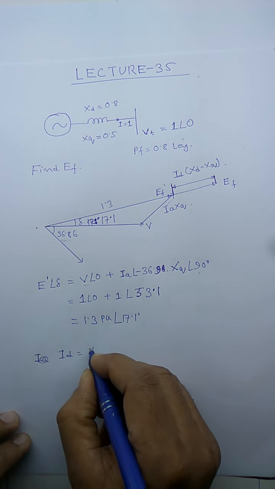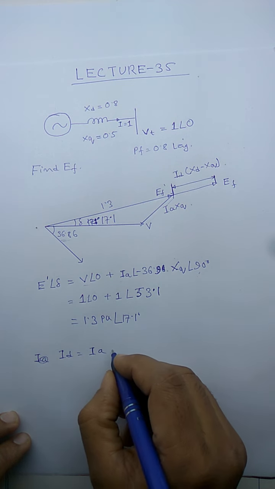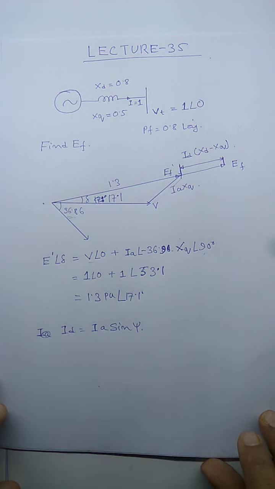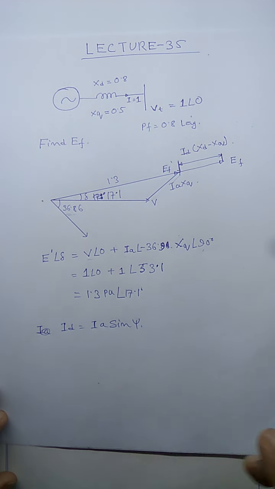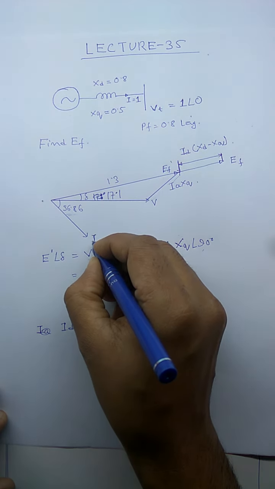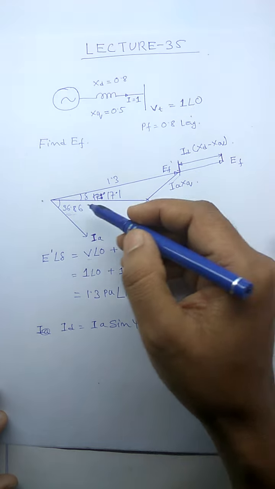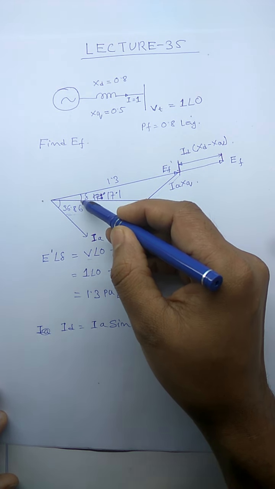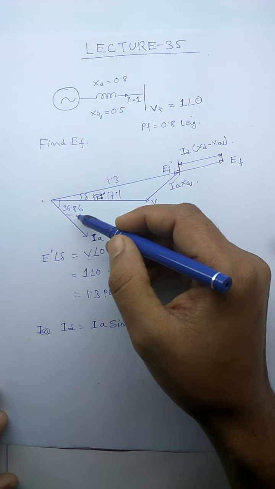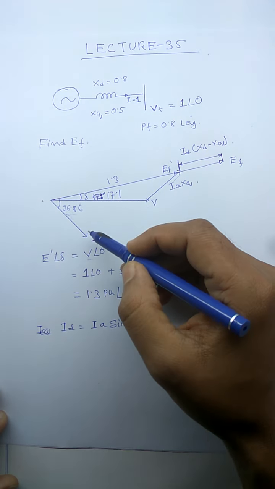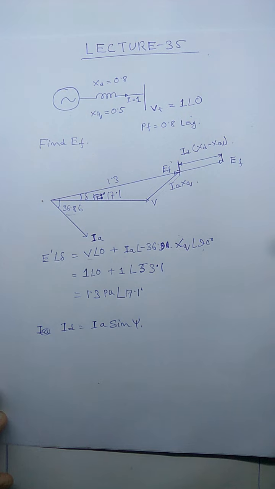ID is equal to IA sin psi. Now what is psi? Psi is the angle between E and I. You have to understand that we measure from E to I. E to I is positive. So if E is leading and I is lagging, the angle is positive.